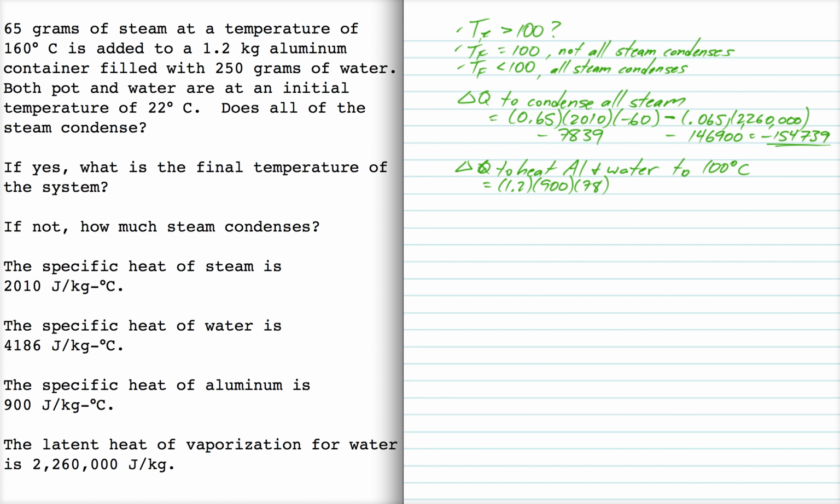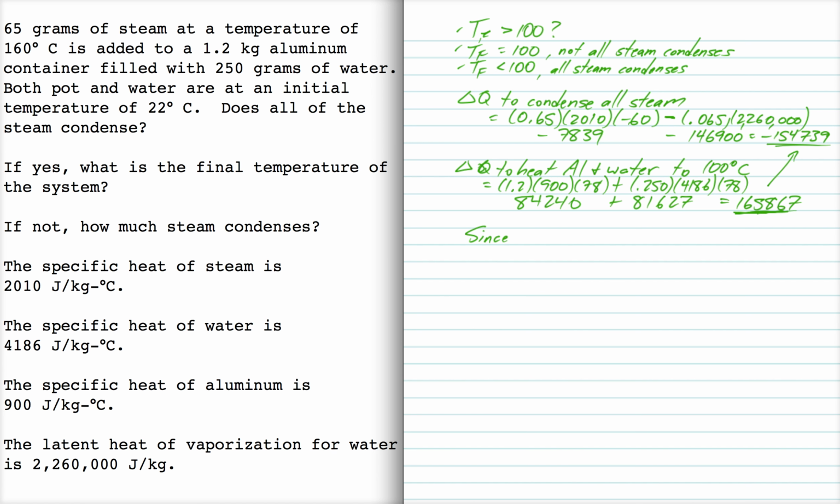TF is 100 in this case, plus for the water times the same delta T. So that's 84,240 plus 81,627, which works out to 165,867. So it looks like there's plenty of energy available in the water to condense all the steam, right?